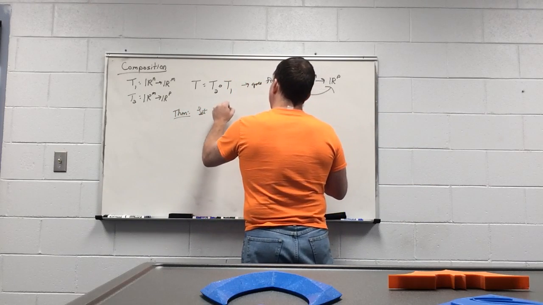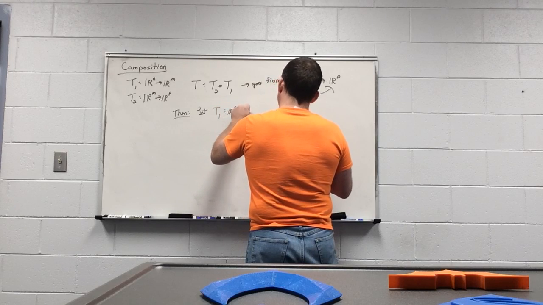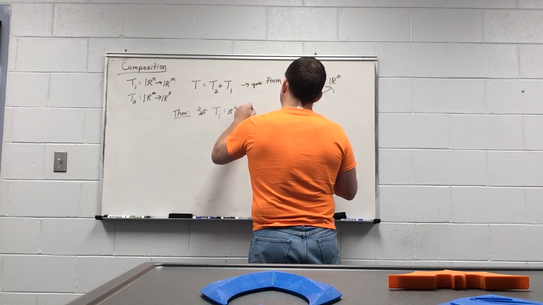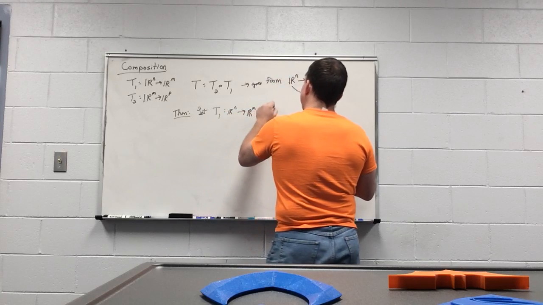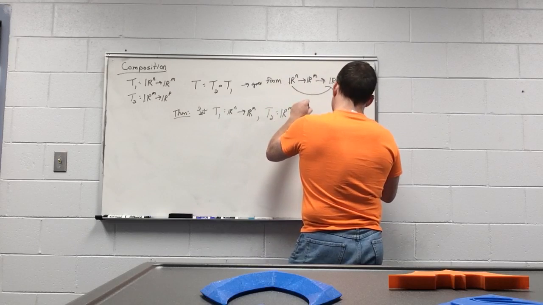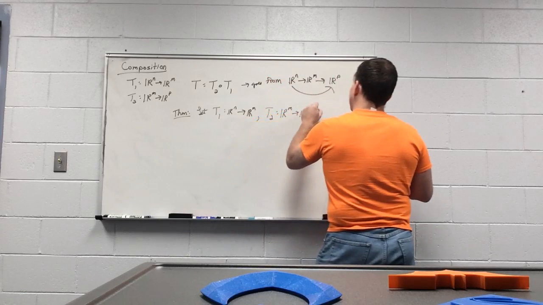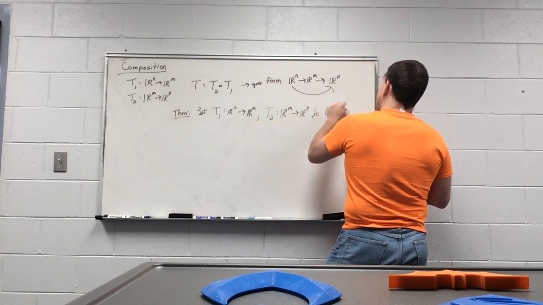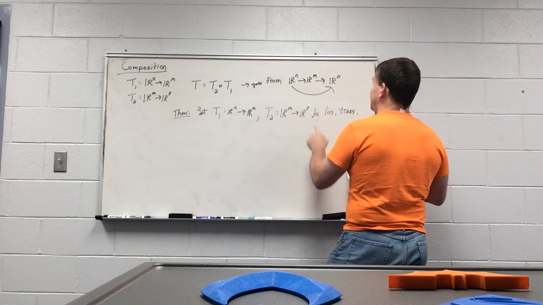Let T sub 1 map Rn to Rm. I have to rewrite what I just wrote. T sub 2 maps Rm to Rp. Be linear transformations.